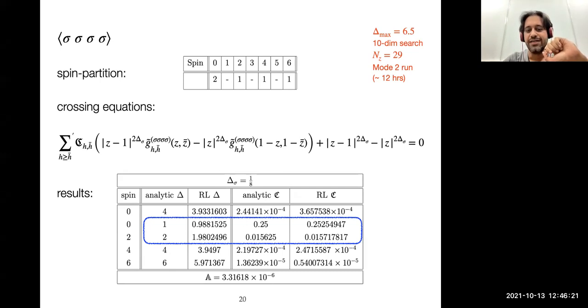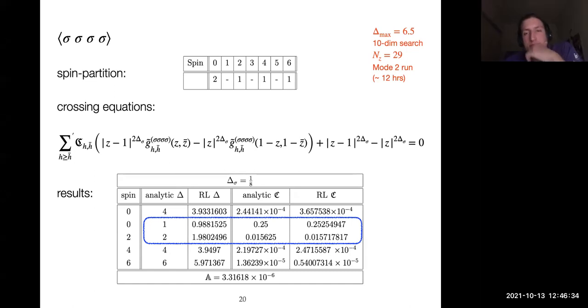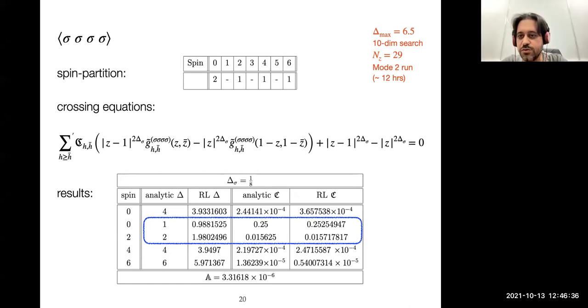When I say narrow windows, I mean we started here close to the analytic values, plus or minus 0.5, say. Okay, thanks. This is not done because this is the best we could do. You could do larger windows. In general, in mode 1, we did larger windows.